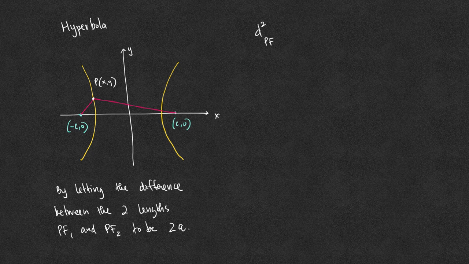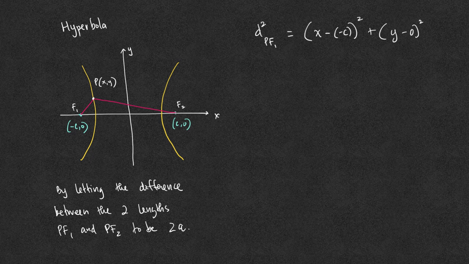The distance square of PF1 is the change in x. F1 is the focus on the left and F2 is the focus on the right. The distance PF1 is therefore x minus negative c. This is the change in x squared plus the change in y minus 0 squared.